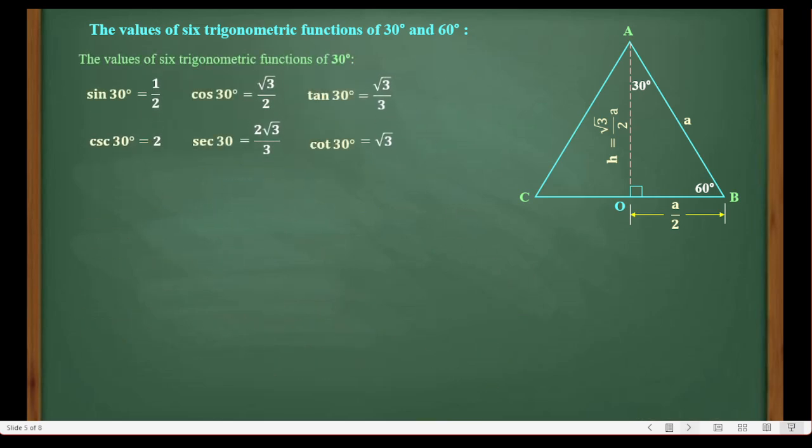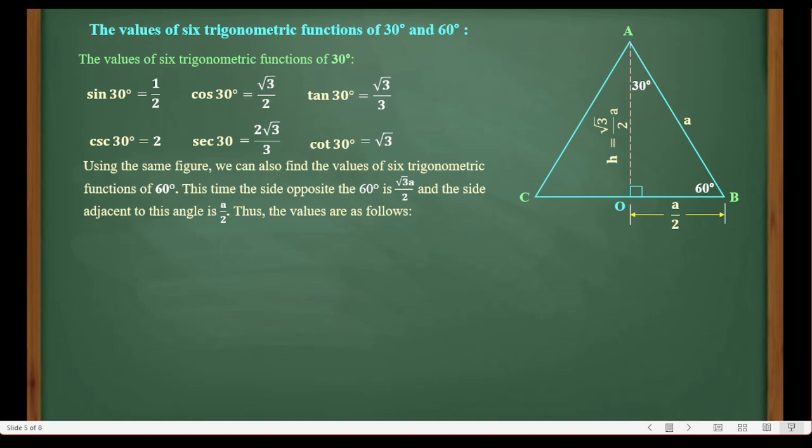Now, using the same figure, we can also find the 6 trigonometric functions of 60 degrees. This time, the side opposite the 60 degrees is square root of 3A over 2, and the side adjacent to this angle is A over 2. Thus, the values are as follows.